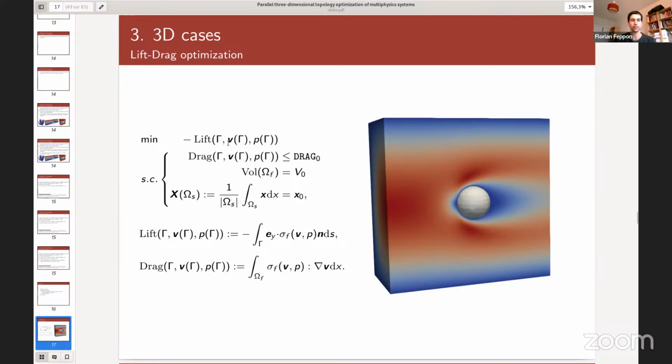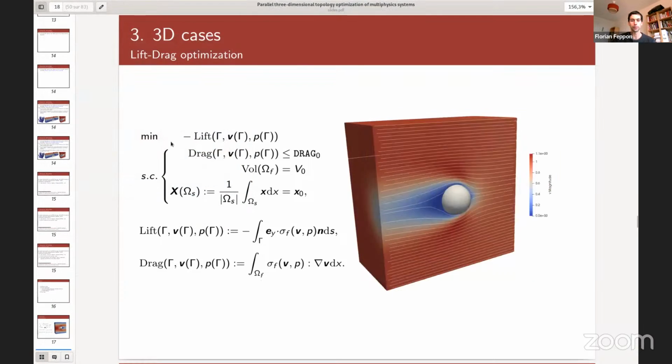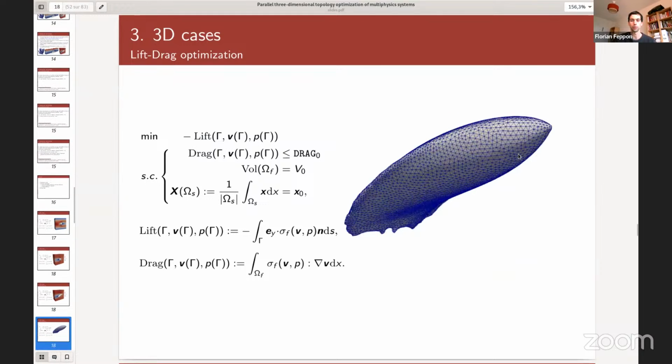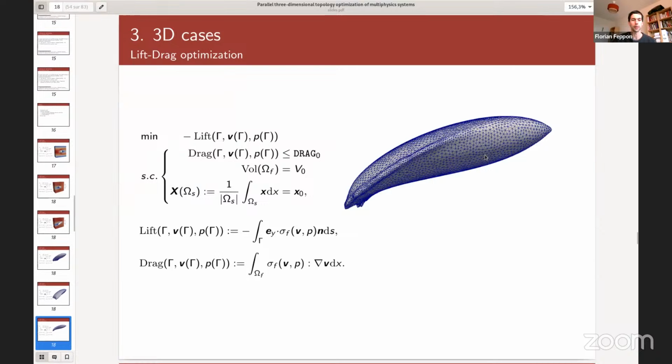We maximize the lift, which is the vertical force generated by an obstacle, subject to a constraint on the drag and also a volume constraint. We also require that the flying obstacle has its center of mass in the middle of the design domain. And we are able to obtain some quite natural aerodynamic structure, which is reminiscent of airfoils.